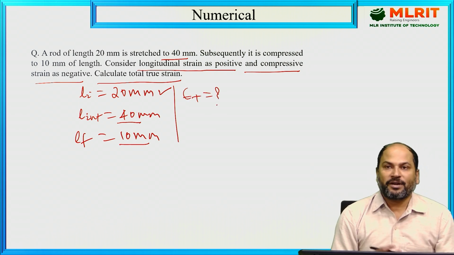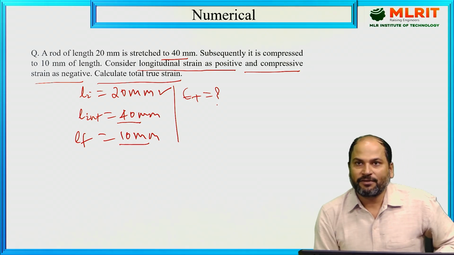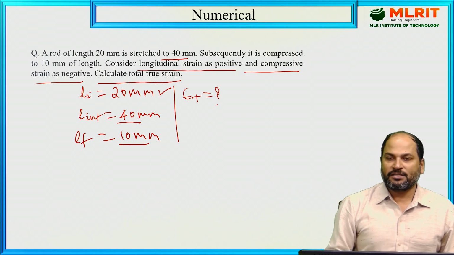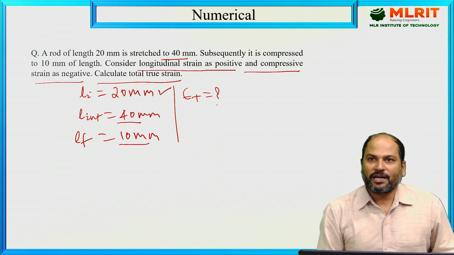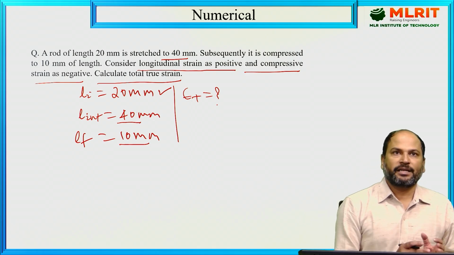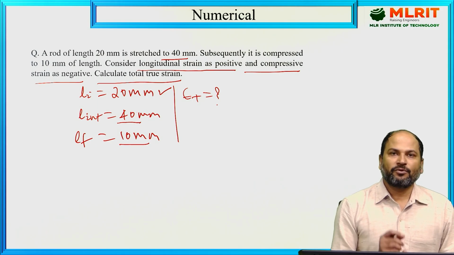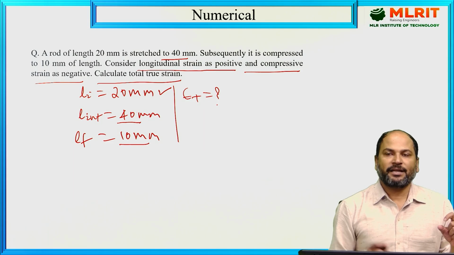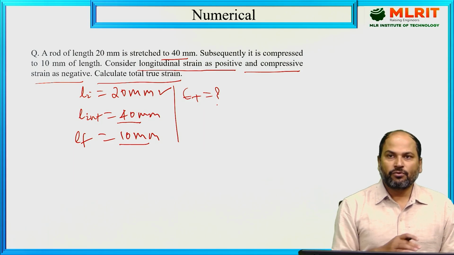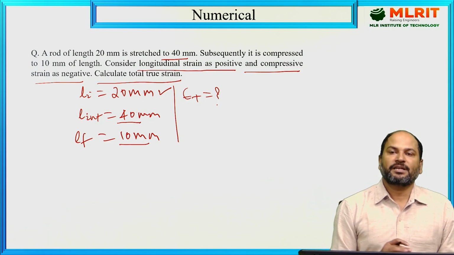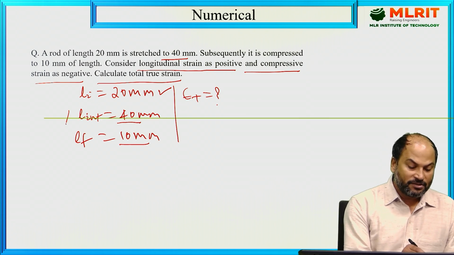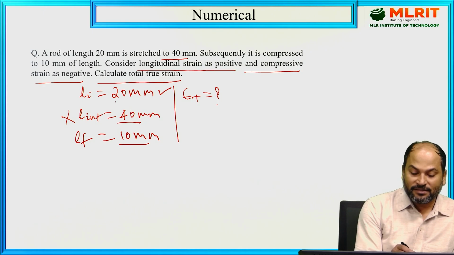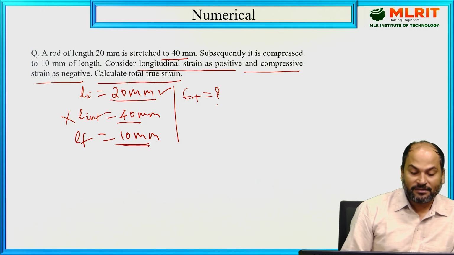If you remember the last lecture when we solved one numerical, I told you that either it is a single stage processing or a progressive deformation, when calculating true strain you have to consider the initial dimension and the final dimension. You don't have to bother about the intermediate dimension. So this is anyway not required to solve this numerical. What I need is the initial dimension and the final dimension.